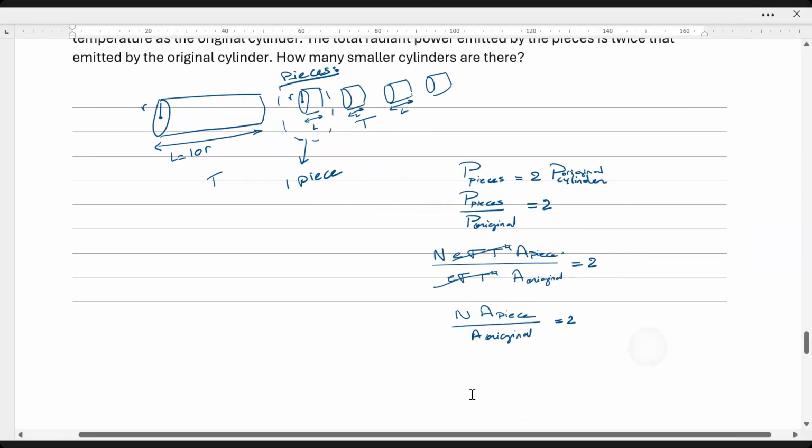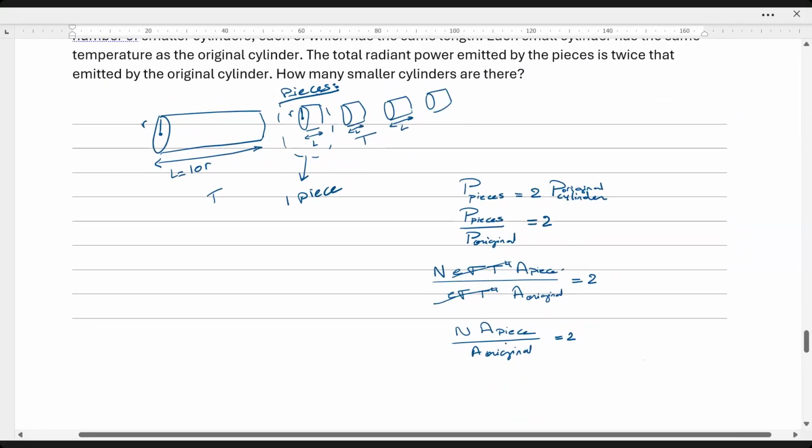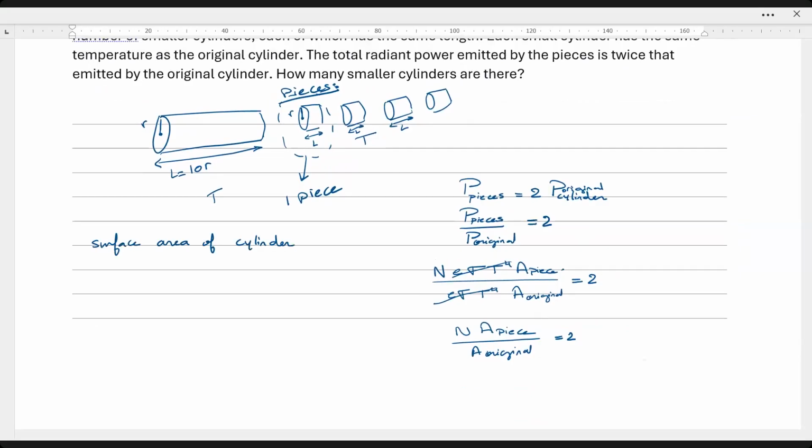So let's try to substitute the areas. This is the surface area. The surface area of the cylinder is going to be equal to the area of the curved face plus 2 times the area of each end.